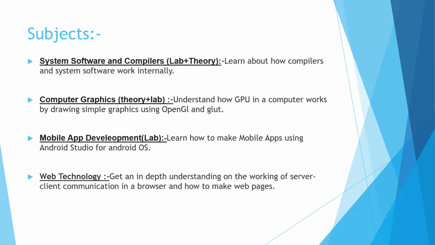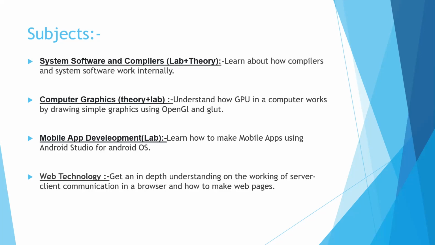Next is computer graphics. Here also we have theory and lab. In the theory, we're going to learn the basics of how to make computer graphics on the screen. This theory is important because we're going to understand basic coordinate geometry, the shapes, their positions, how the lighting should be, and all those things, which you're going to practically do in the lab.